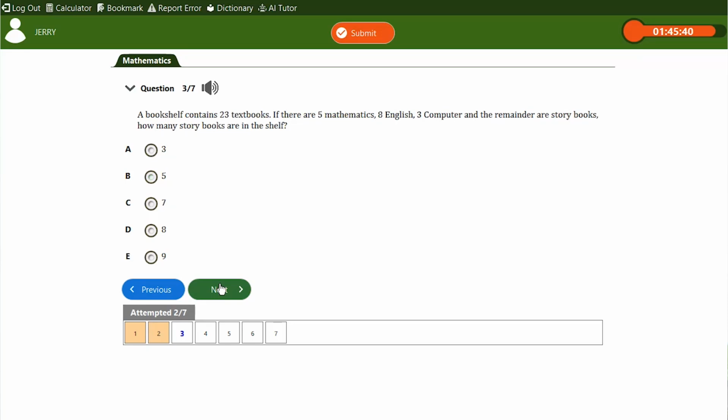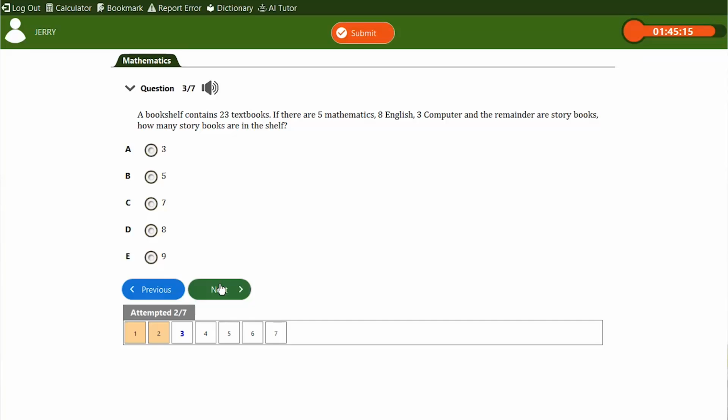This one says a bookshelf contains 23 textbooks. If there are 5 mathematics, 8 English, 3 computer, and the remainder are storybooks, how many storybooks are in the shelf?